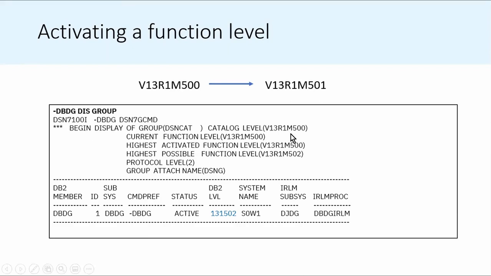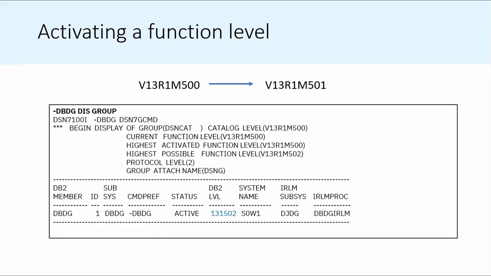On the right, we have the current function level, which is V13 R1 M500, which is what we are expecting in this particular case. The highest activated function level is V13 R1 M501, and then the highest possible one is V13R1M502.